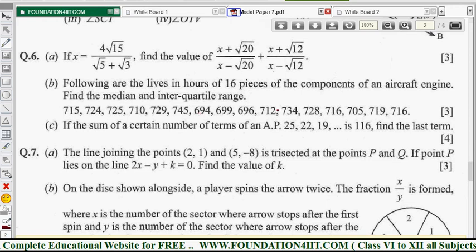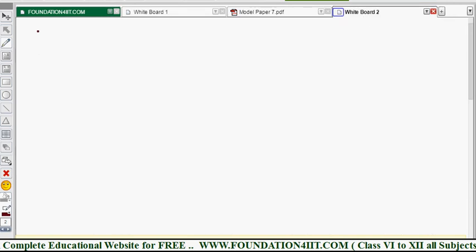So let's take this data in order. There are a total of 16 numbers. If you arrange them in ascending order, small to big, you will get it like this.